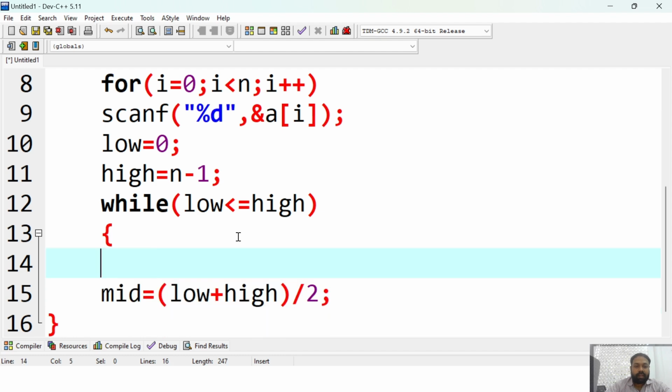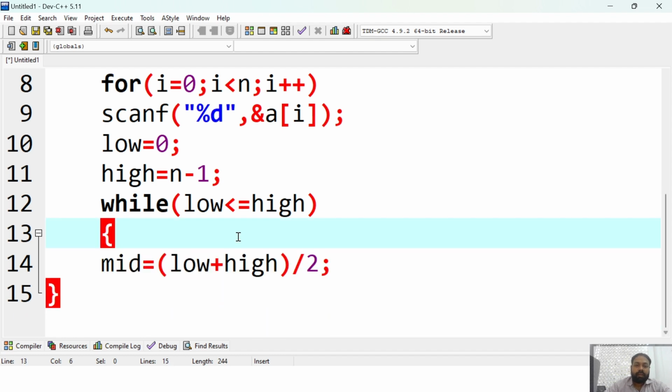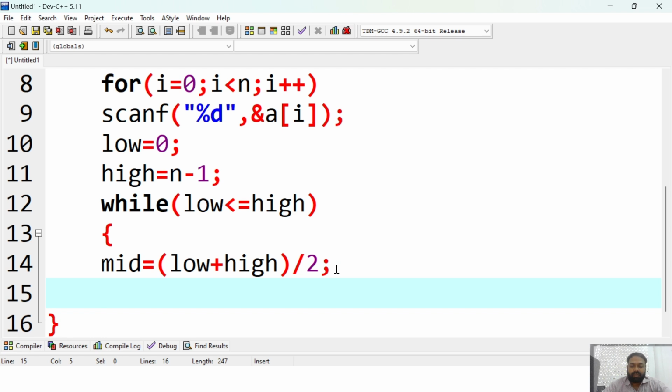Until low is less than or equal to high, you keep on working, keep on dividing the array into parts. Divide the array into two halves and check whether the element you need to search is in the first half or the second half. If it is in the second half, then ignore the first half and again calculate the mid element of the second half. Keep doing the same thing.